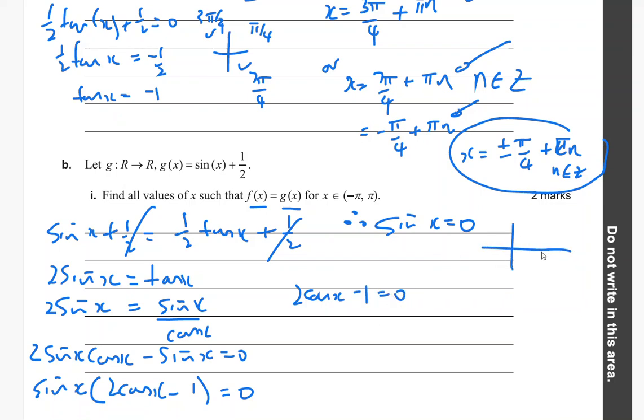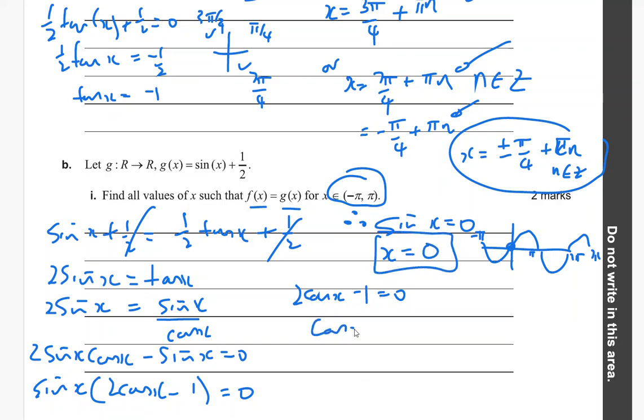Okay, for the sine of x to equal 0, that happens at 0, and at pi, and at 2 pi, and at 3 pi, and at minus pi. But inside this domain, I only get one answer, x equals 0. And for the cos of x to equal, the 1 goes over and then divide by 2, a half.